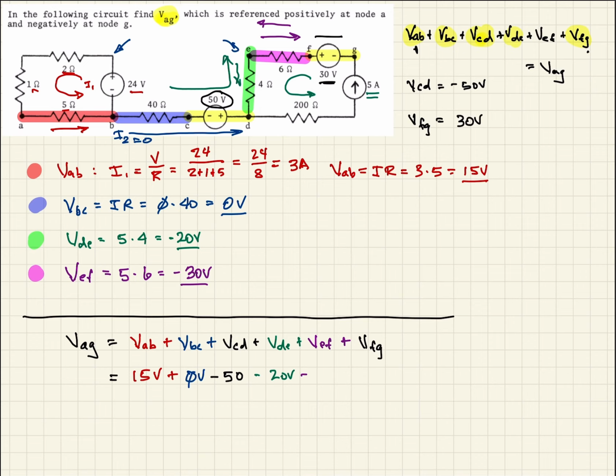VEF we said was minus 30 volts. And finally, VFG we said was plus 30 volts. Now, if we add all these together, what we should have left is negative 55 volts. So this is the answer. If I were to put a voltmeter with one lead at A and one lead at G, I should measure negative 55 volts.